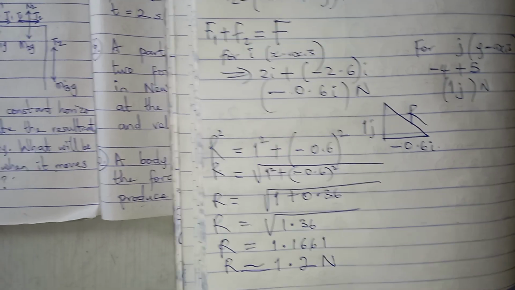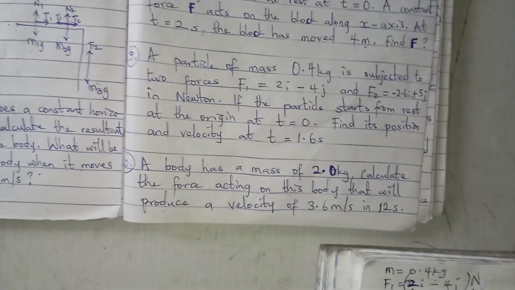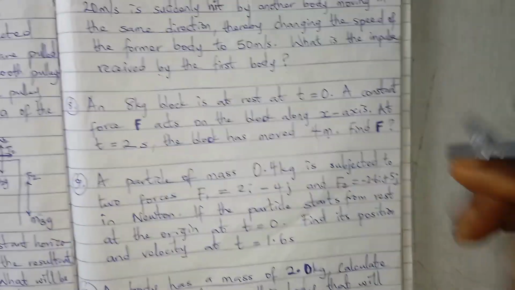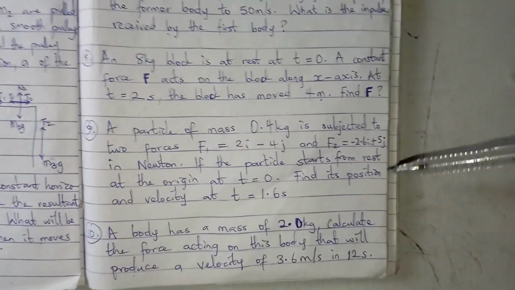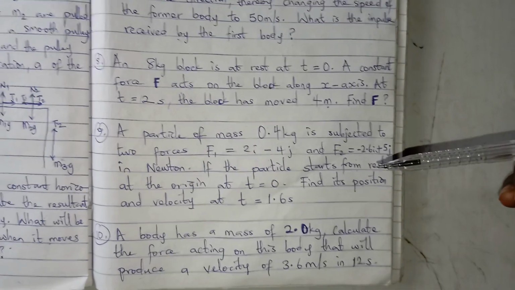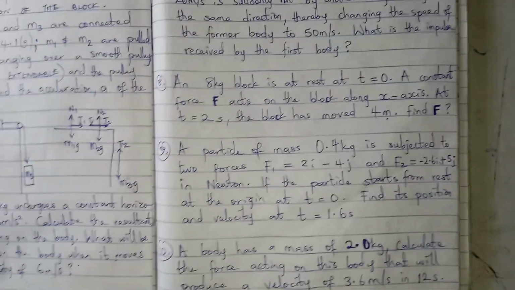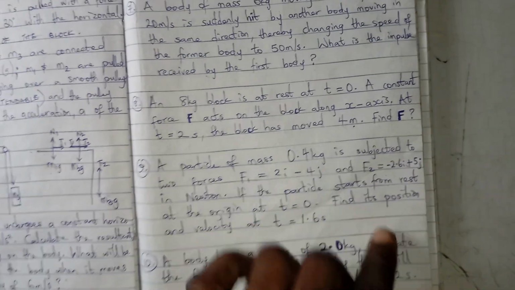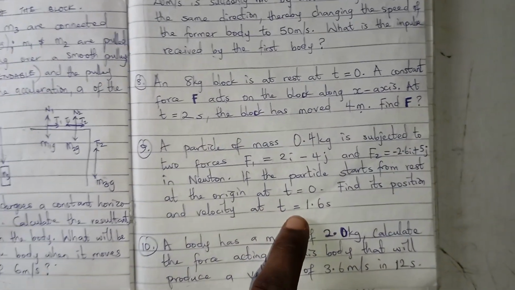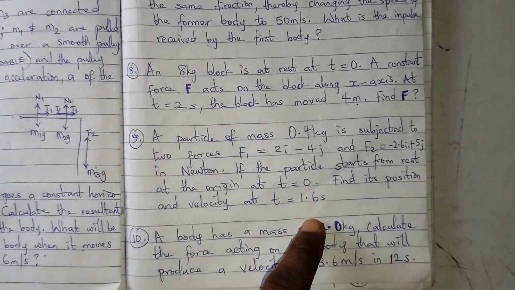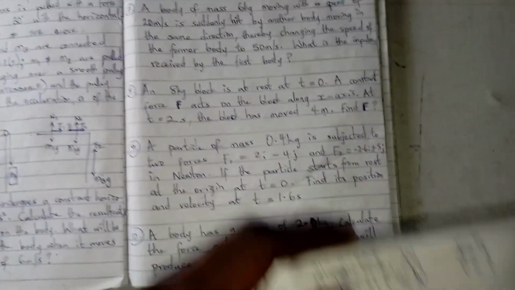But I want us to look at something. At this junction, they said I should find its position and I should find the velocity at t equals 1.6.